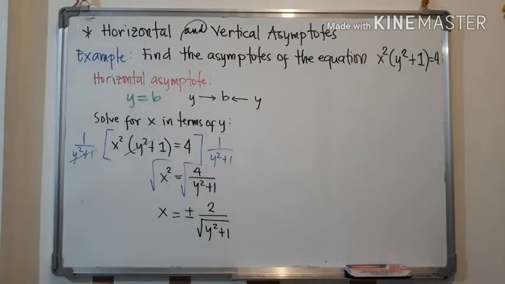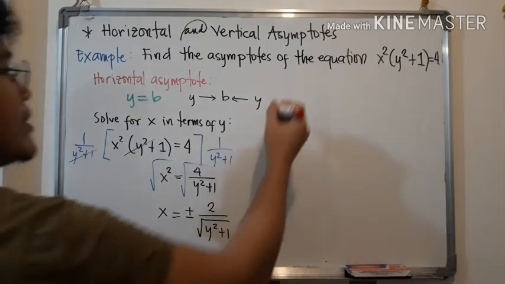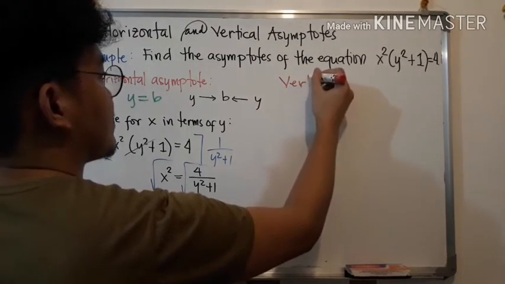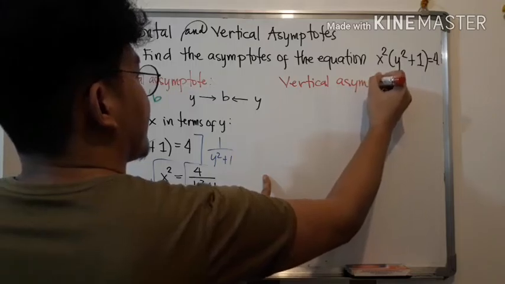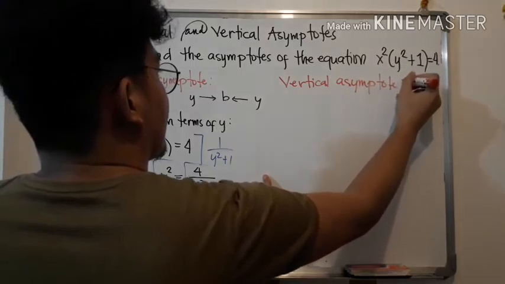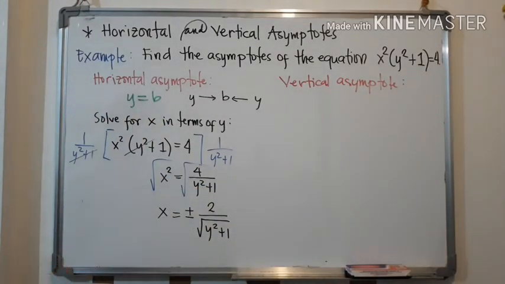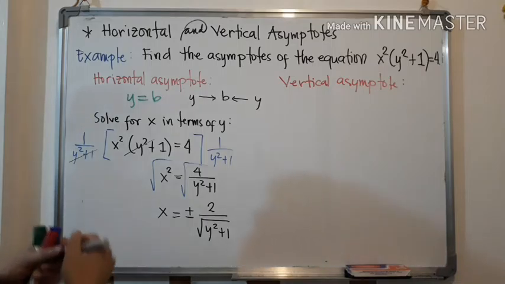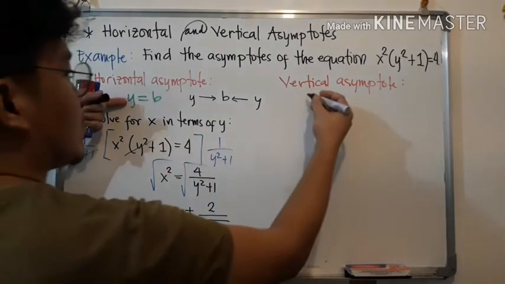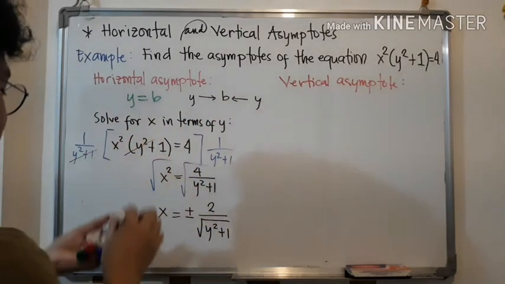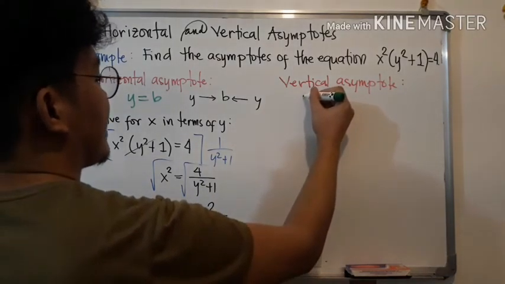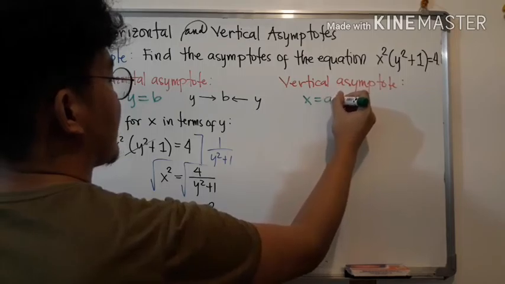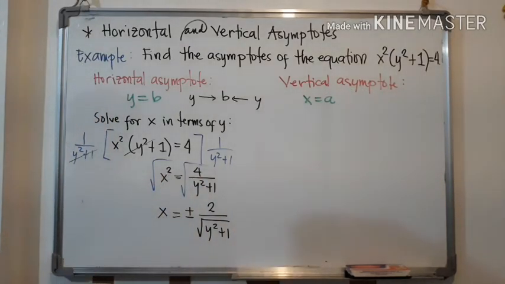Okay, so that's it with horizontal asymptote. Now, how about for vertical asymptote? Similar to horizontal asymptote, we are interested in the vertical line x equals a.